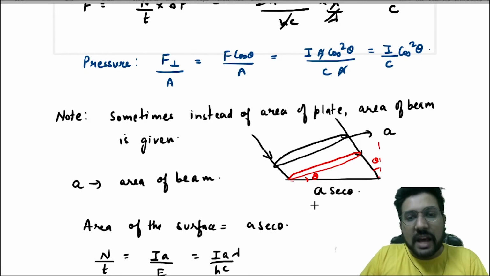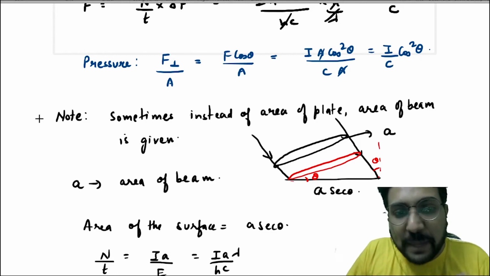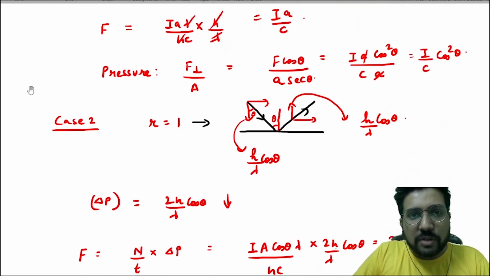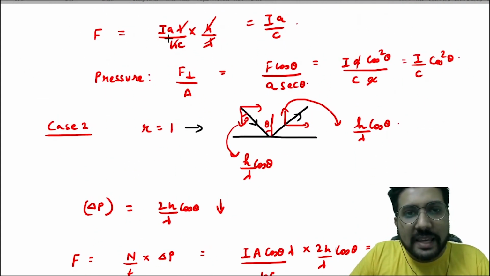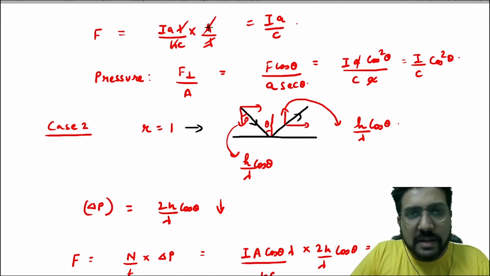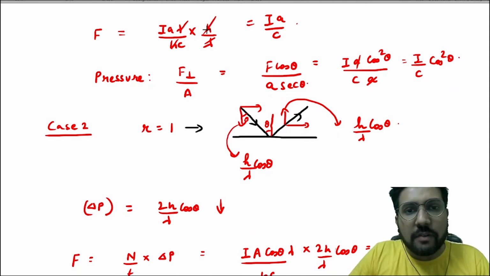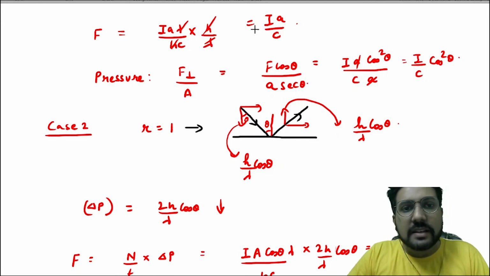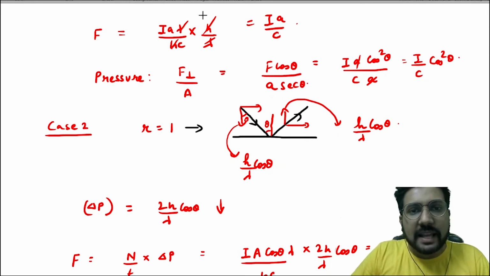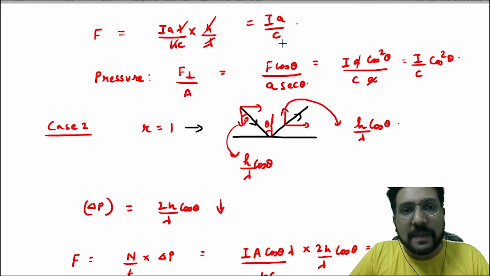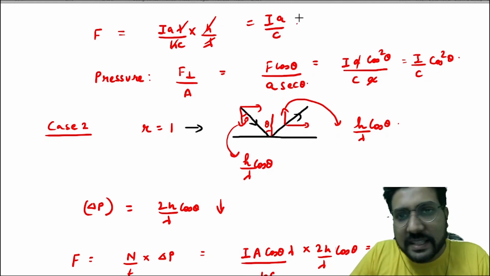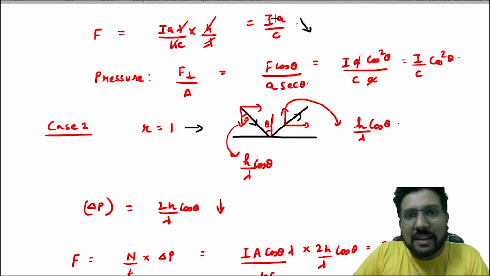Now what is the force on this beam? So the force on this beam will be equal to Ia lambda by hc, that is n by t, multiplied by the change in momentum of one photon, because the surface is absorbing. So the change in momentum is h by lambda, and h cancel, lambda lambda cancel, so you will say the force is Ia by c. Then the pressure, you know that pressure is F perpendicular by A. Now this force is in this direction, so you will have to take the component of this force.